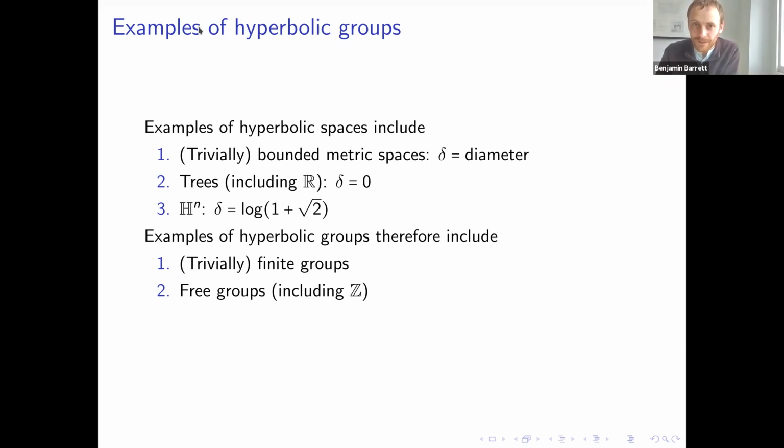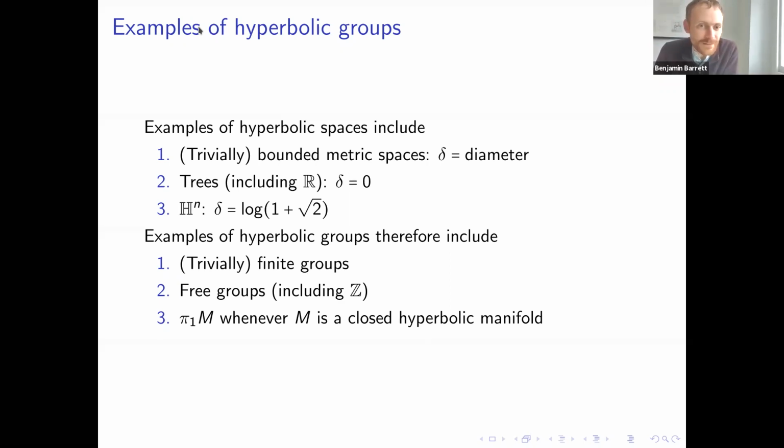Z acts geometrically on R, so Z is hyperbolic. And then the first really interesting examples are fundamental groups of closed hyperbolic manifolds. If M is a closed hyperbolic manifold, then pi_1 of M is hyperbolic because it acts geometrically on H^n.